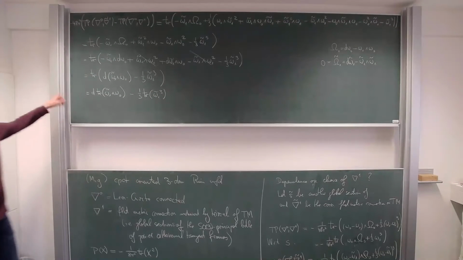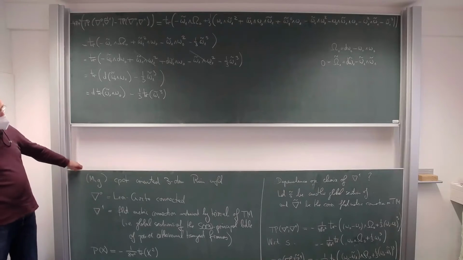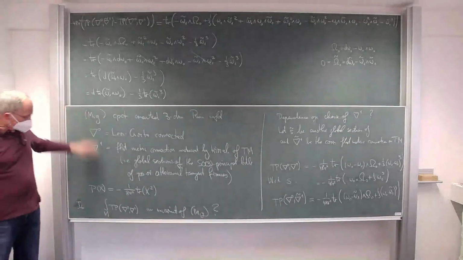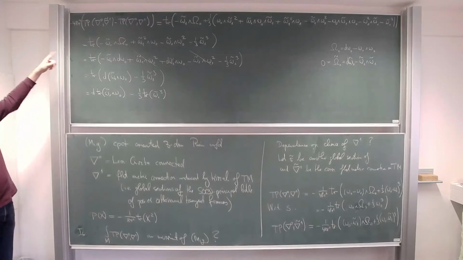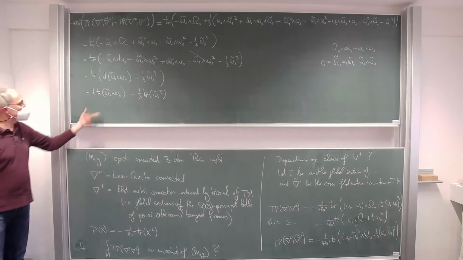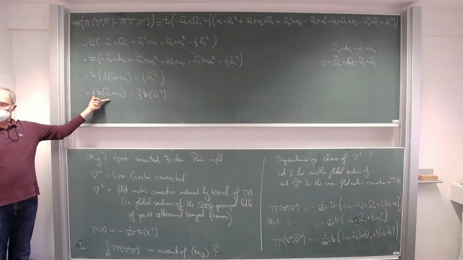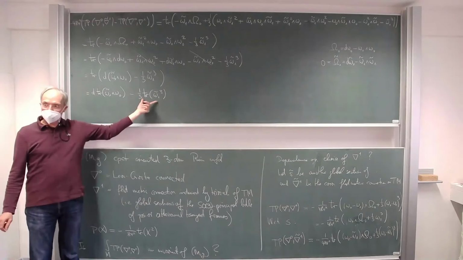And now what we want to do is we want to integrate the thing over the manifold. So we are interested in this term after integration over the manifold. Integrate this formula over the manifold, then we see that this term drops out by the Stokes theorem. So we are only left with this term.